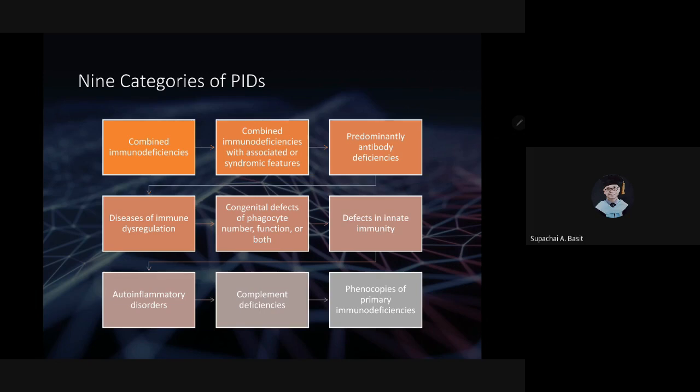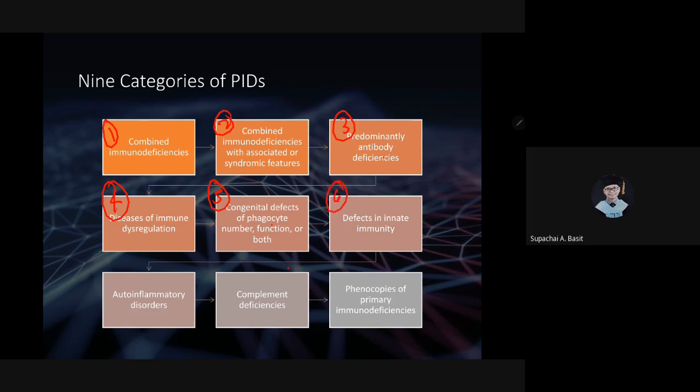So moving further, we can therefore categorize PIDs into nine. We can have combined immunodeficiencies, and then combined immunodeficiencies with associated or syndromic features. And then we can also have predominantly antibody deficiencies. Our fourth one is the disease of immune regulation. Fifth category is congenital defects of phagocyte number, function, or both.